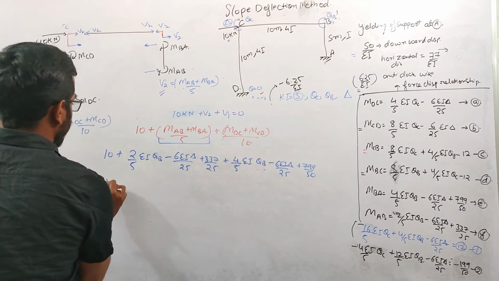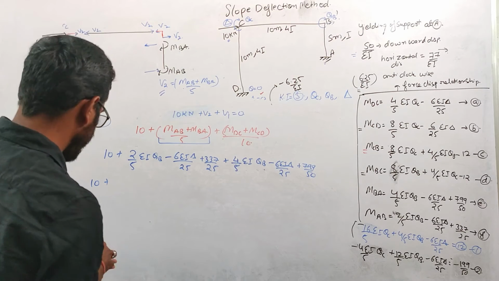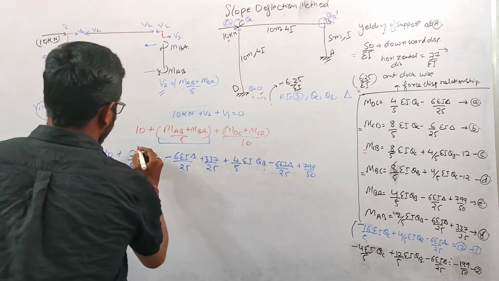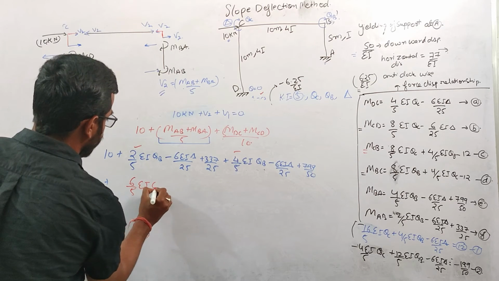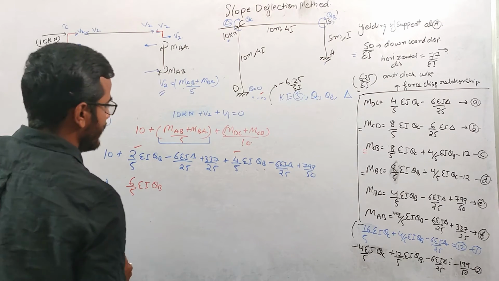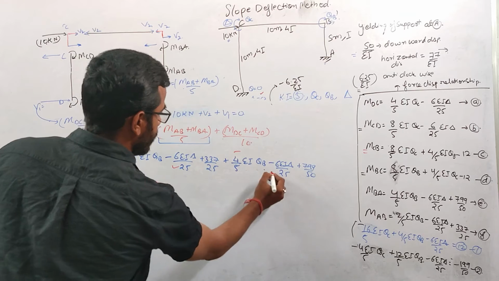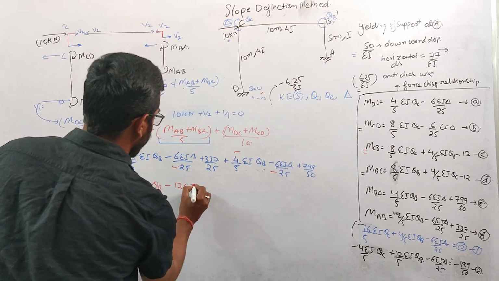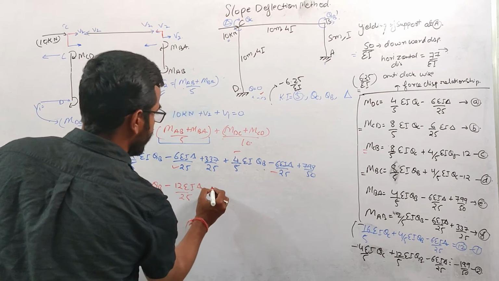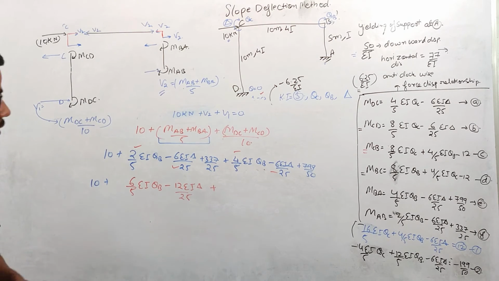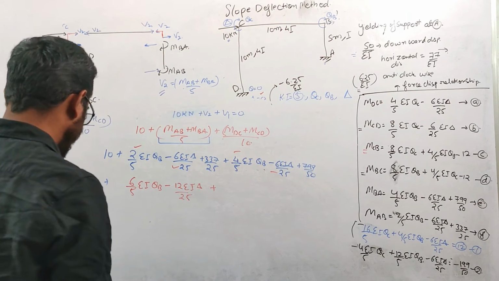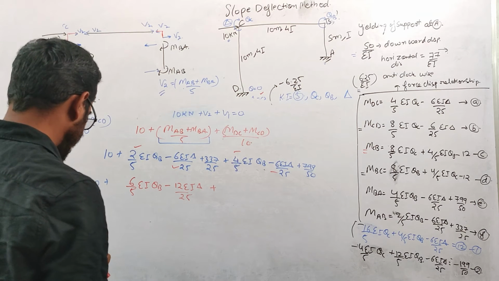So I can write this thing we can add. This is 6 over 5 EI theta B, this is 12 EI delta over 25, and this is plus 799 divided by 50.